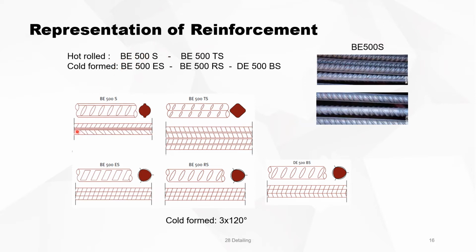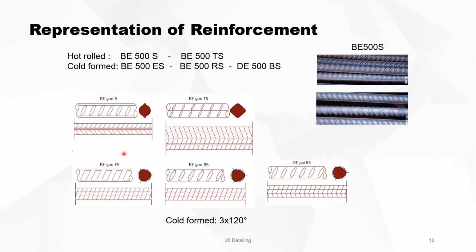And the BE500S, you can recognize it because it's hot rolled. If you take a cross section, you will see two elements protruding. These are those skew things, like you see here in the picture. The TS, you see that you have a double protruding system, then you know you have a BETS, and then it's squared.